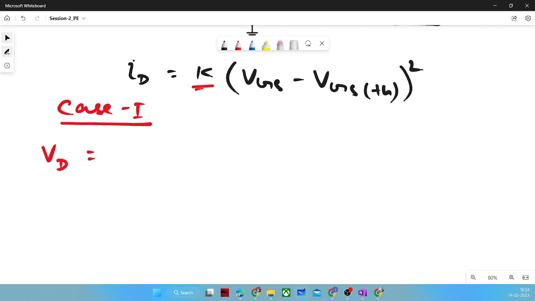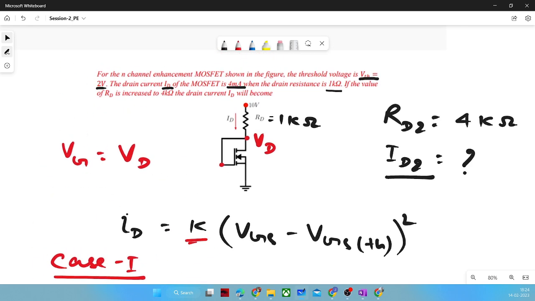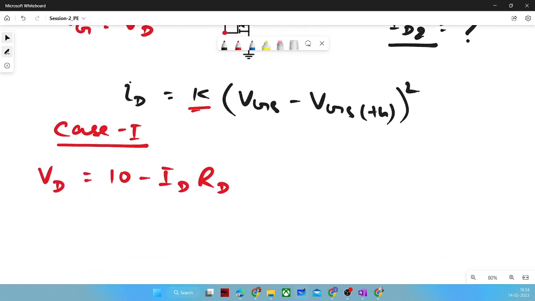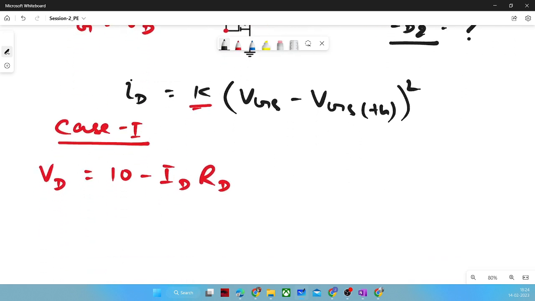VD will be 10 minus RD times ID, where ID was 4 milliampere and drain resistance was 1 kilo ohm.